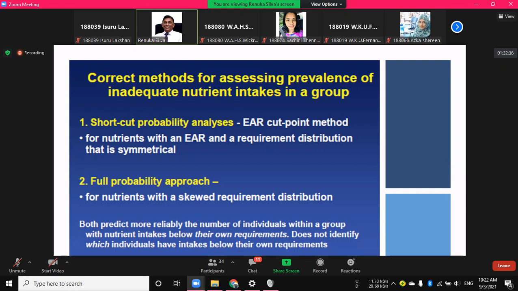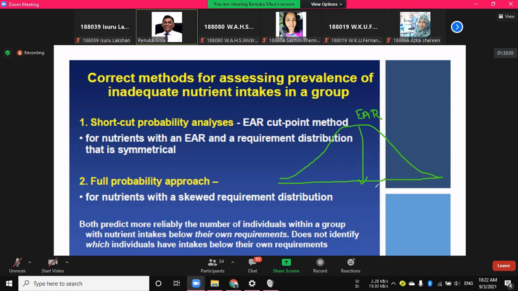How to do that? We take EAR as a cutoff point. It's called the EAR cutoff point method. Now, this is the EAR. Let's consider one nutrient, let's say vitamin C. There is an EAR value, we know that. How do we know?